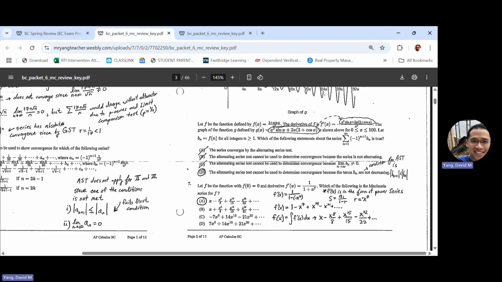So if we look at the graph and tell that it's not always decreasing, it rises and falls, ultimately it's going to fail the AST.